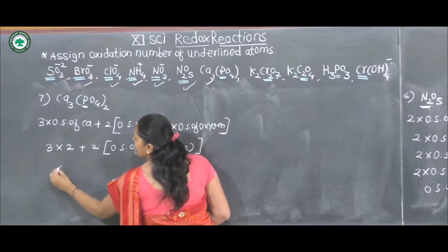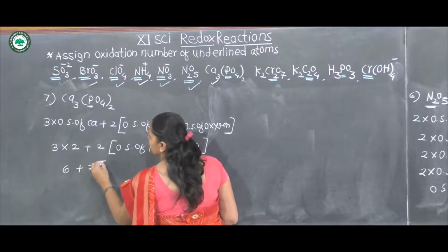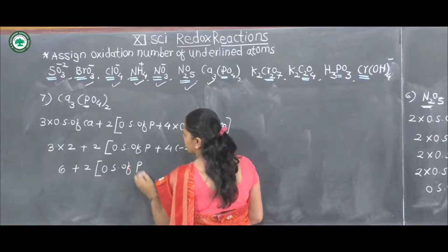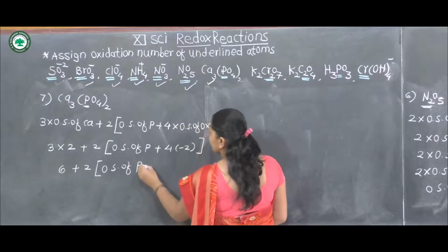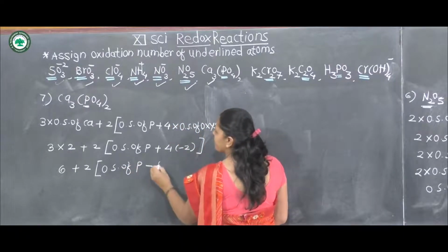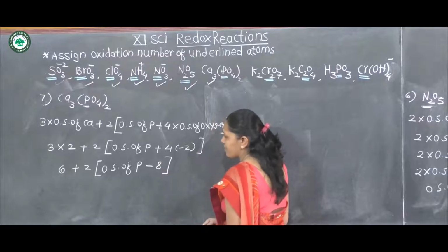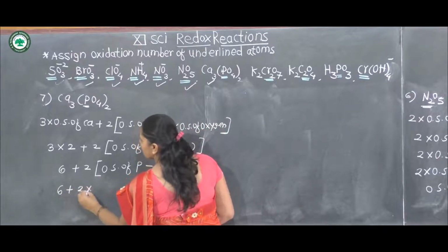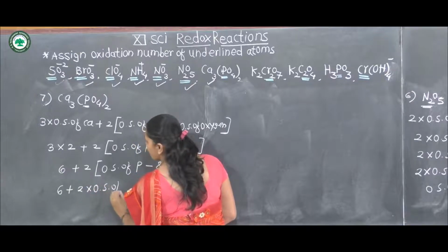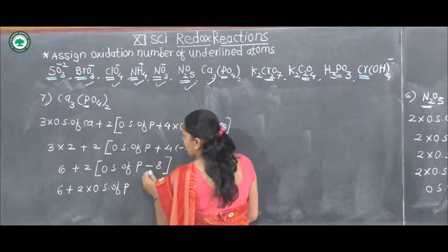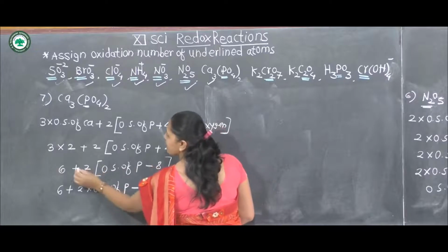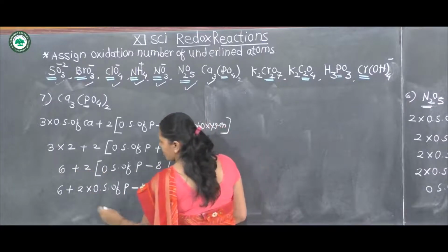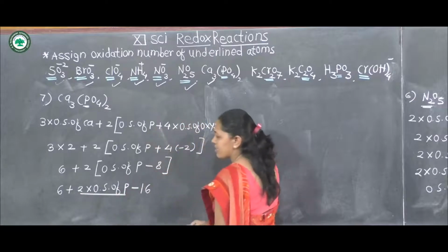Then 3 multiplied by 2 is 6, plus 2 oxidation state of phosphorus, 4 multiplied by -2 is equal to -8. 6 plus 2 into oxidation state of phosphorus and -8 multiplied by 2 is equal to -16.